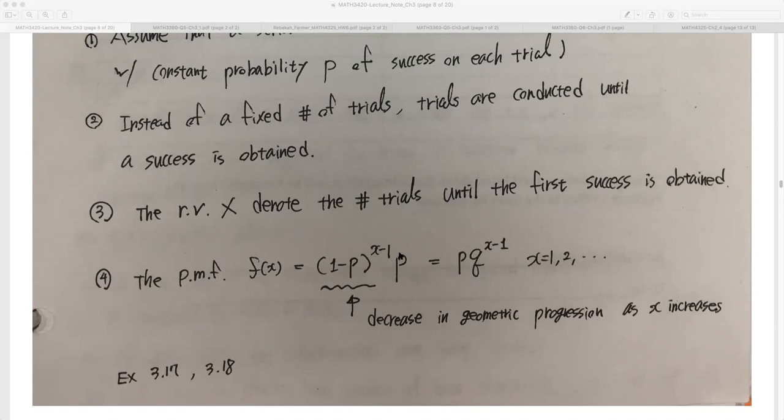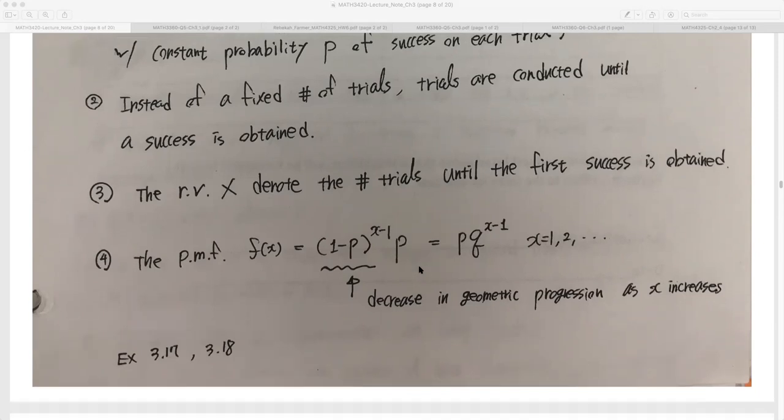So in the definition of the binomial PMF, do we drop the combination? We don't need it, because there is only one success, right? And then we just have p, not p to the something. So (1 minus p) to the x minus 1, times p. Okay, so we'll see.